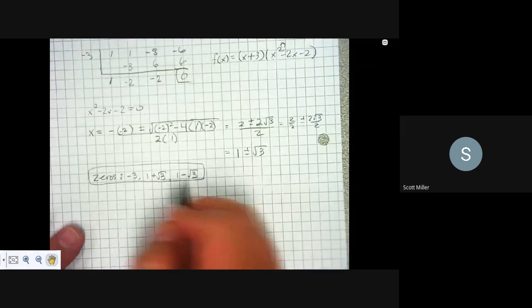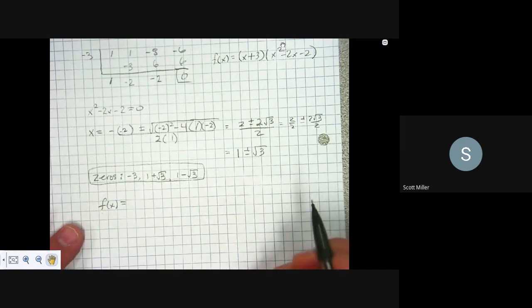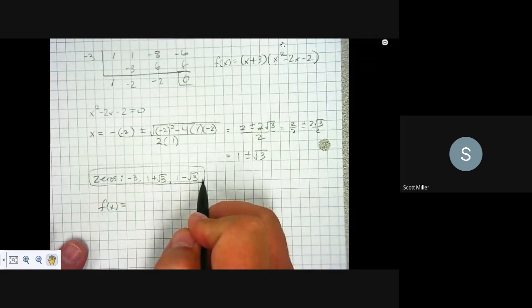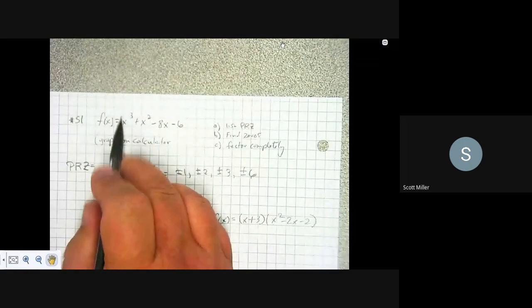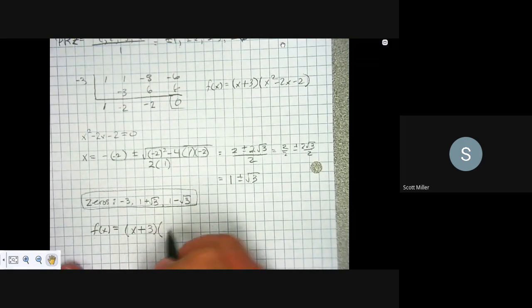So how do I go from these zeros then to factored form? Well, it's each of these zeros in a linear factored fashion, and we have a leading coefficient of 1, so I know that I'm going to have a 1 out in front. So it becomes x minus a negative 3 times x minus, now I need to write that.